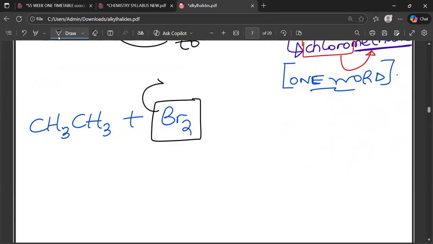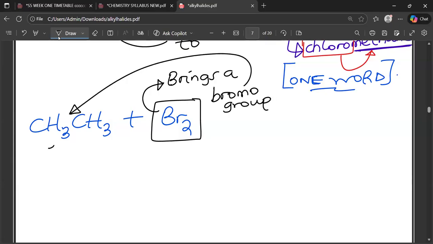So Br2, this one brings a bromo group. And it is bringing it to our ethane. And that's why we are going to call it bromo what? Bromoethane. Yes. And you all know what happens.